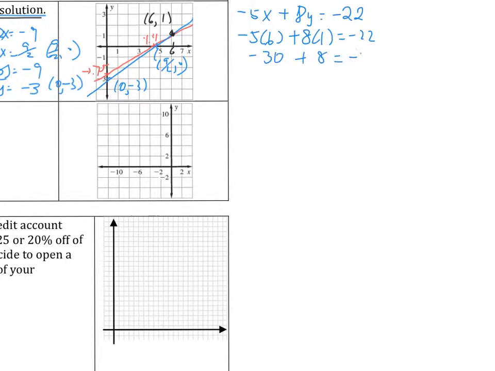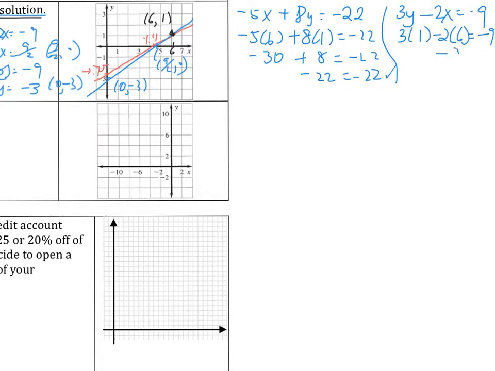And apparently, negative 30 plus 8 is negative 22, so it does work. And then we'll have to check the other one. The equation is 3y minus 2x equal to -9. Okay, so your y coordinate is 1, x coordinate is 6. 3 minus 12 gives you -9, so it also works.